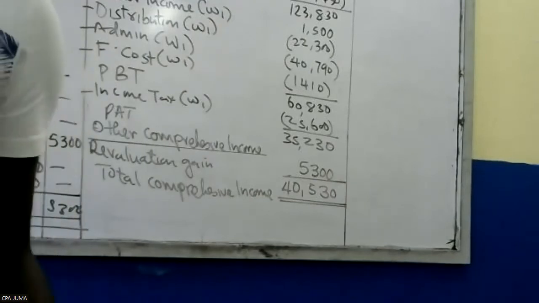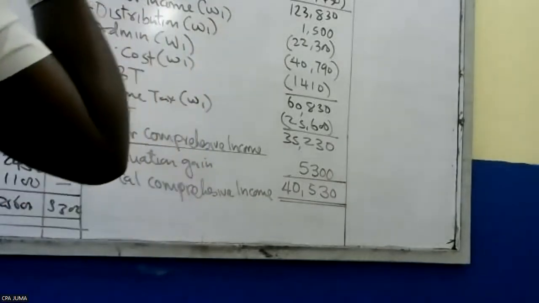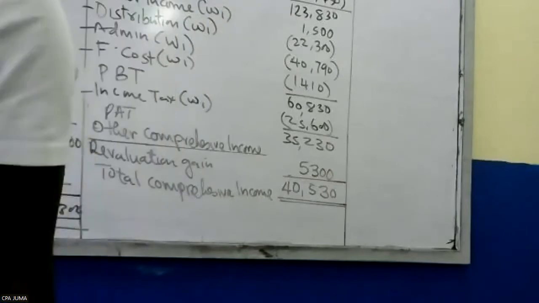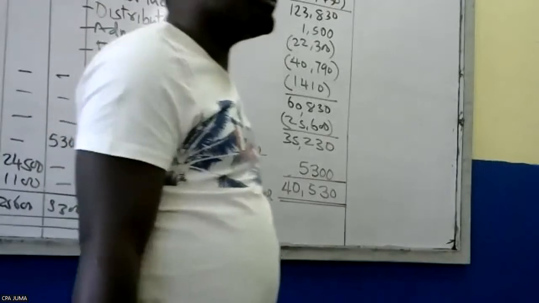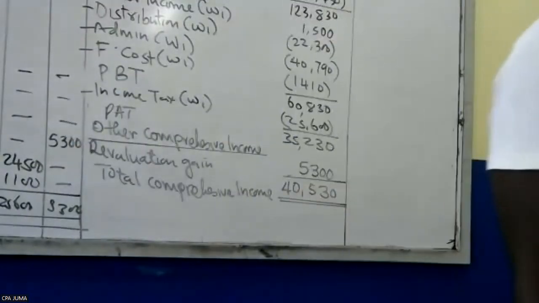Have you followed this well? I want us to go to the statement of financial position. But before you go to the balance sheet, there is something you need to know about balance sheets.